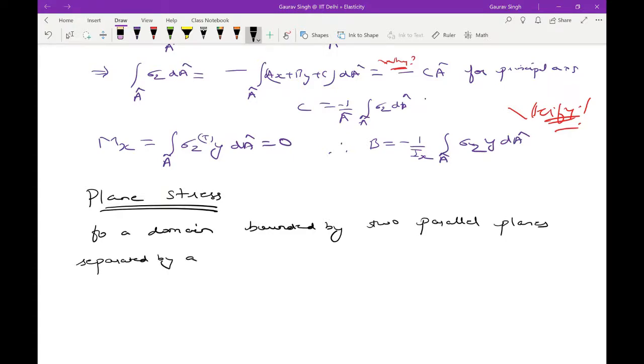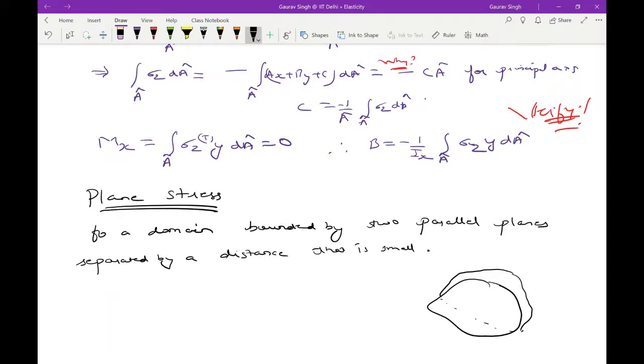separated by a distance that is small compared to the other dimensions in the problem. Okay, so let's take up something like this, and then another. Sorry, I should draw a nicer figure.